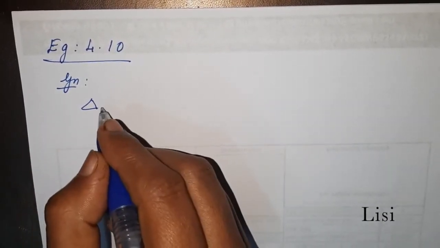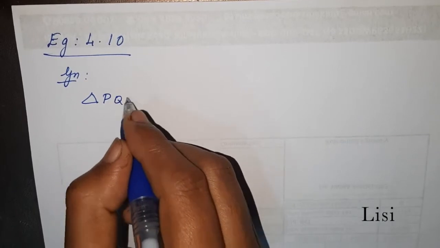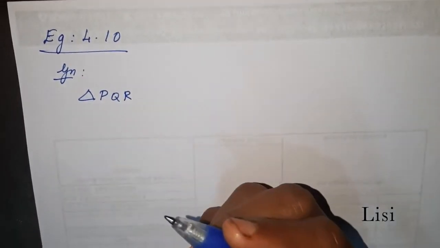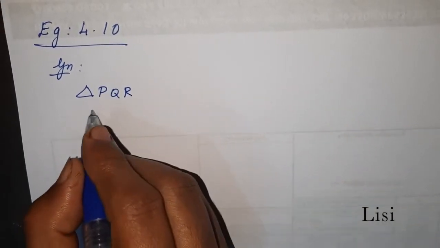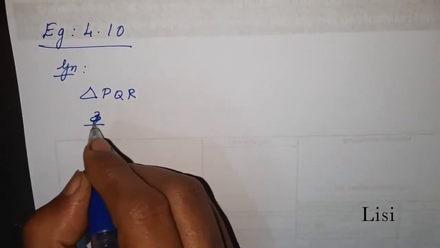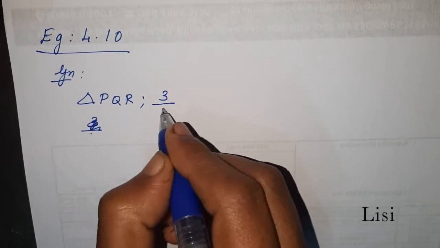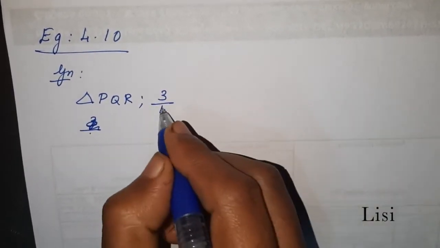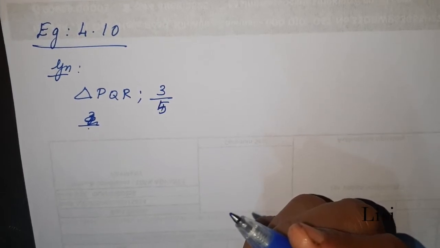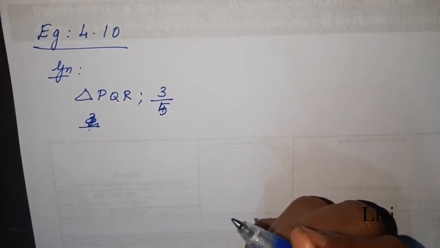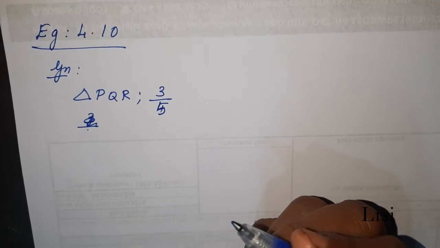Triangle PQR with its sides equal to 3 by 5 of the corresponding sides of the triangle PQR. Okay.